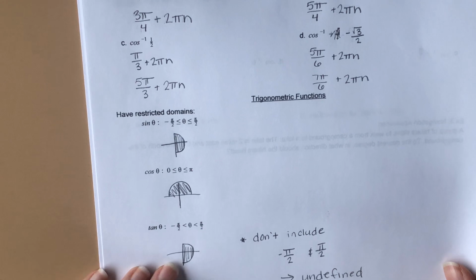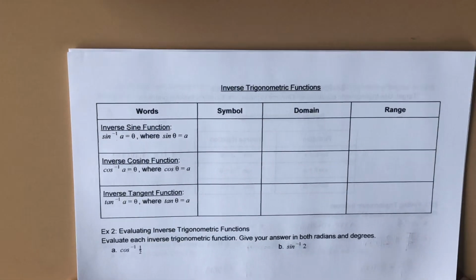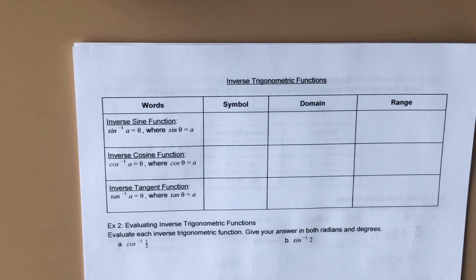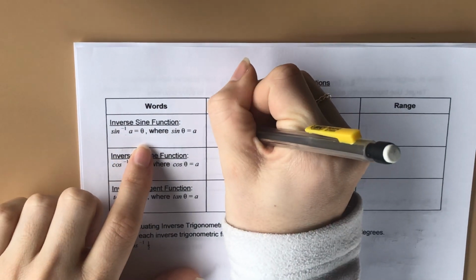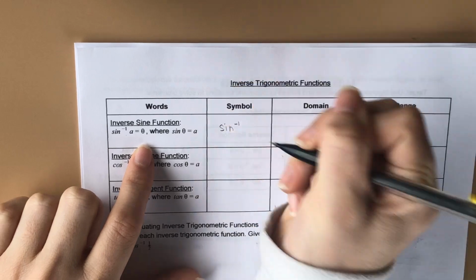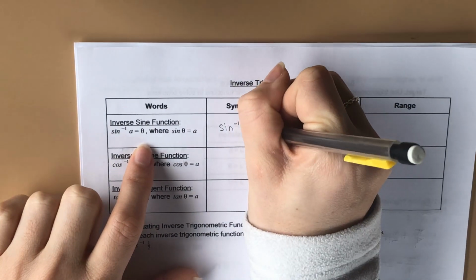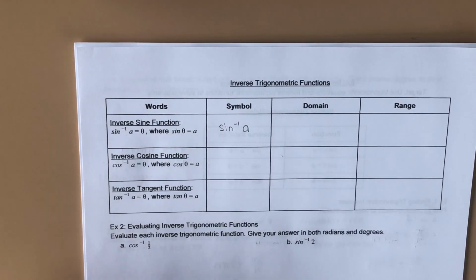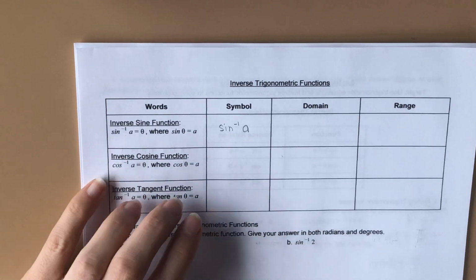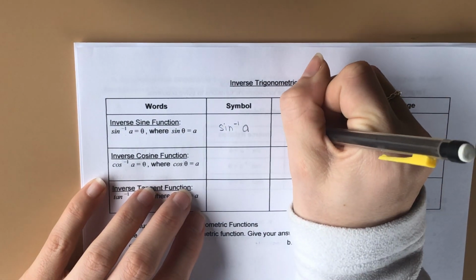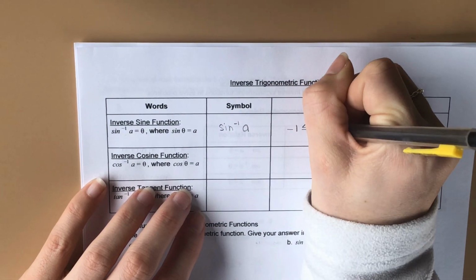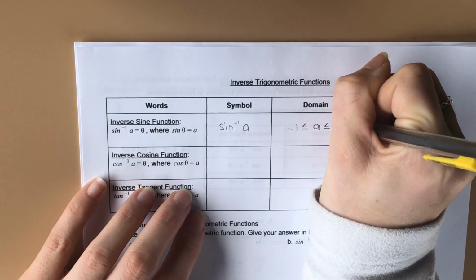Okay. We're going to do one more box to fill out and then we'll stop for the day. So on that next page, we have the inverse trig functions now. Okay, so for inverse sine, once again, we're going to have that sine with the exponent of -1, and then whatever that value is. My domain is going to be from -1 to 1.